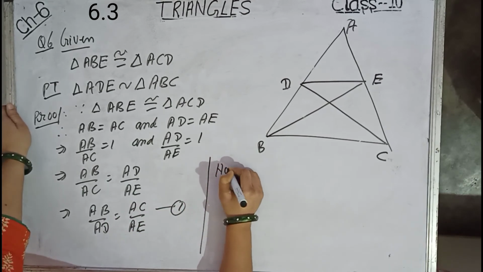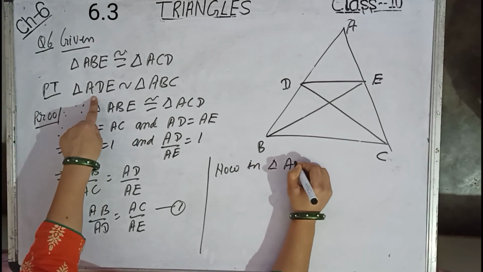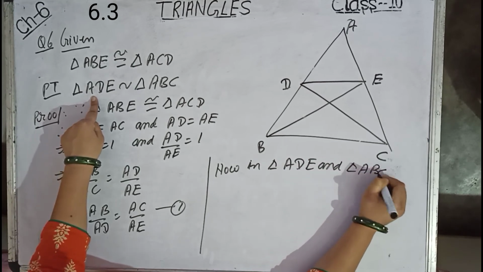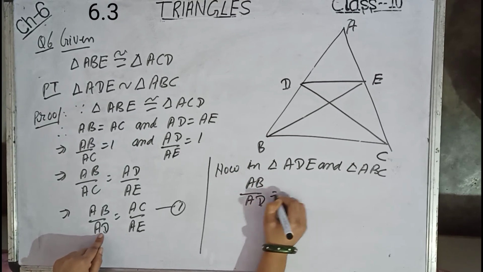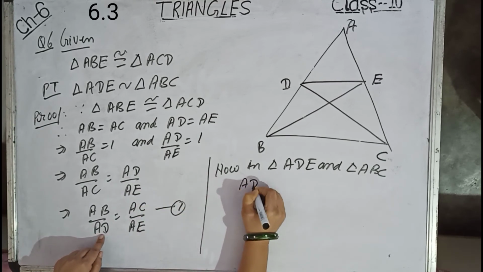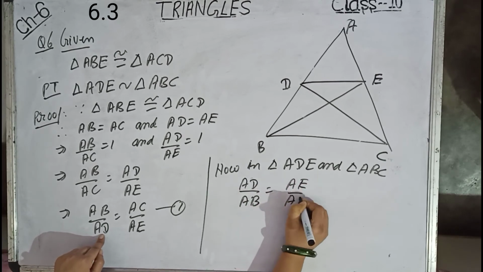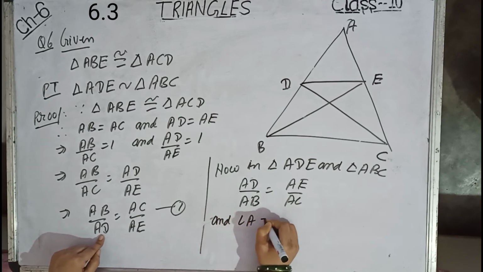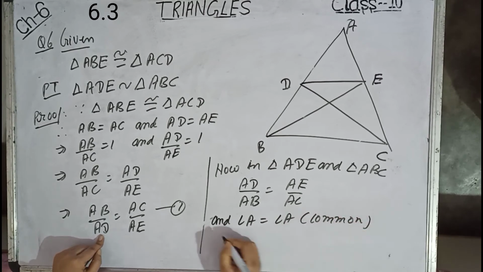Now, in triangle ADE and triangle ABC, AB by AD equals to, we have named the smaller triangle so we can revert it, AD by AB equals to AE by AC, and angle A equals to angle A, common.